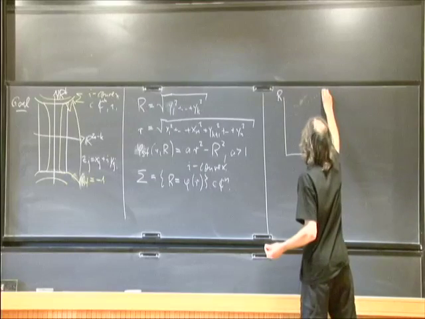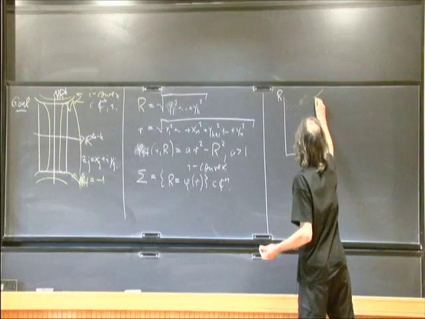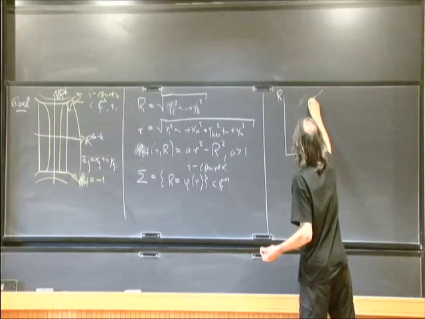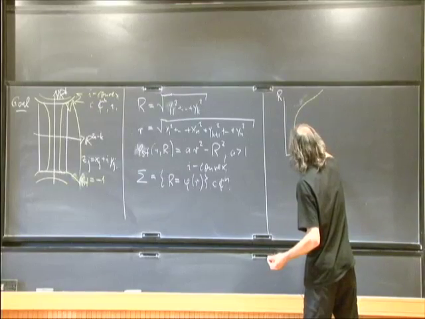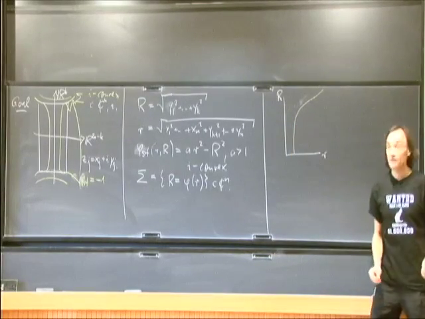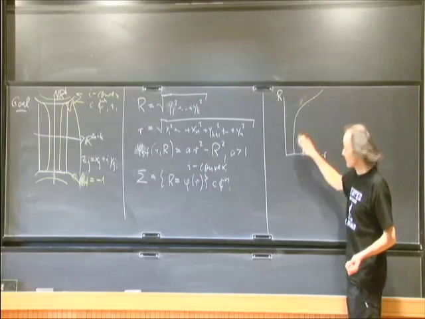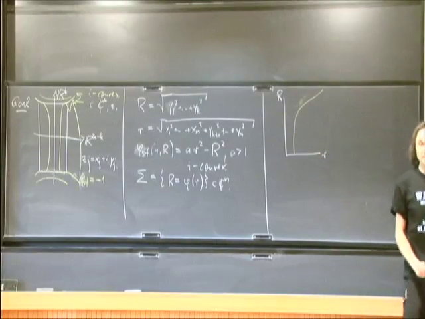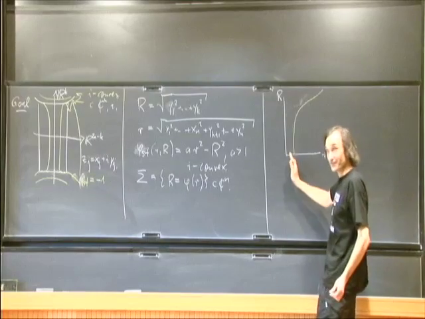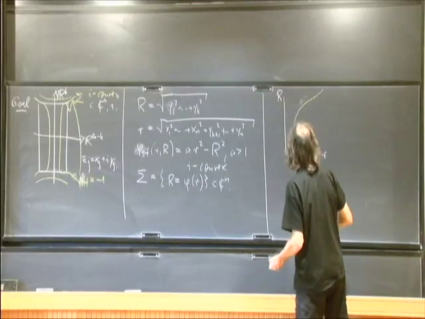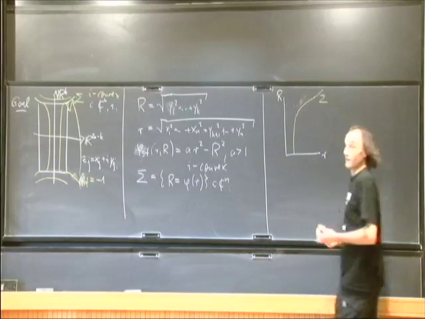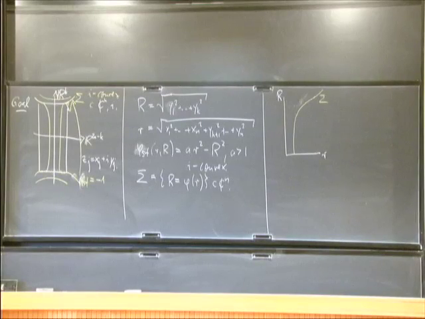So it should match this one, and then it should deviate and it should bend down. And when I'm saying it's a graph, it will actually become vertical, so the slope becomes infinity here. So this is what this hypersurface should look like.